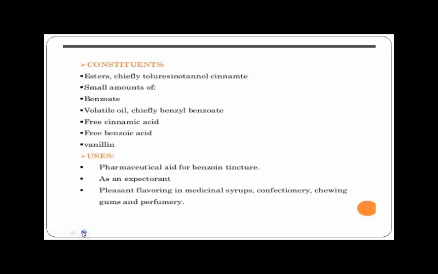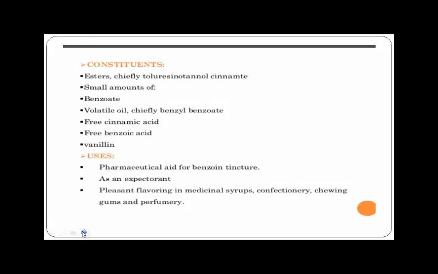Volatile oil is present, which includes benzyl benzoate, whereas free cinnamic acid and benzoic acid are also present. It also has vanillin, which exhibits the aroma. So its aroma is because of the presence of vanillin.